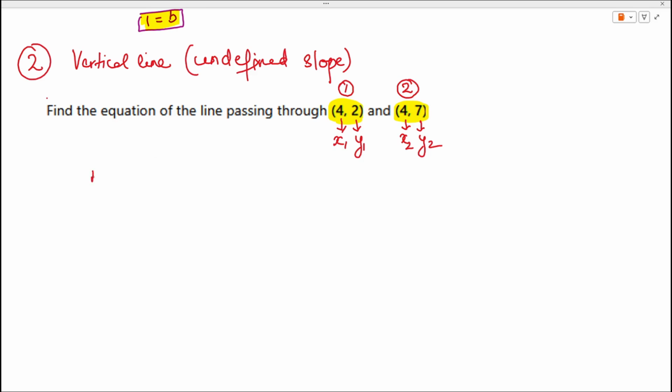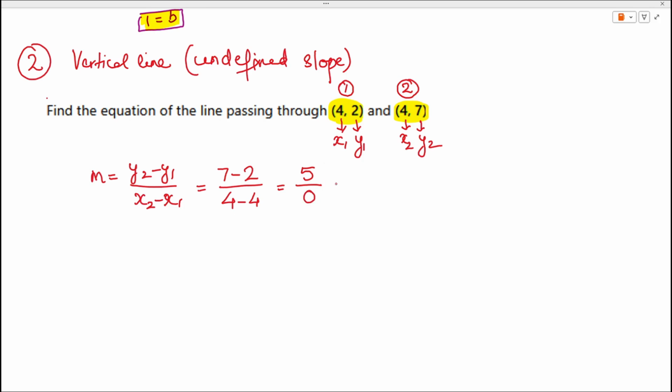We'll again find the slope of the line, which is y2 minus y1 over x2 minus x1. So y2 value is 7, y1 is 2, over x2 is 4 and x1 is still 4. So 7 minus 2 is 5 and 4 minus 4 is 0.